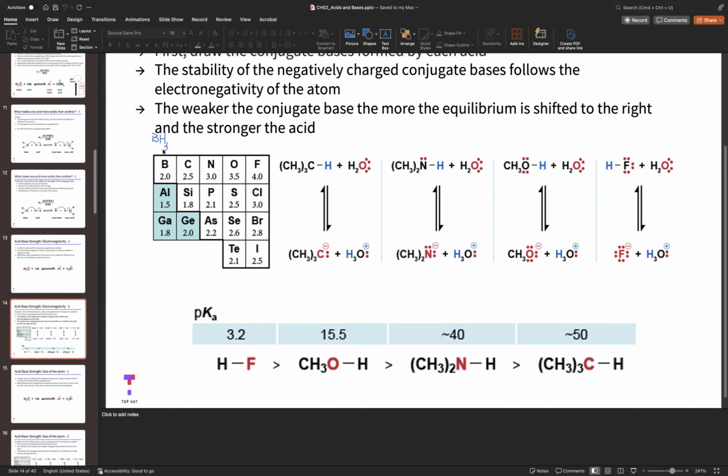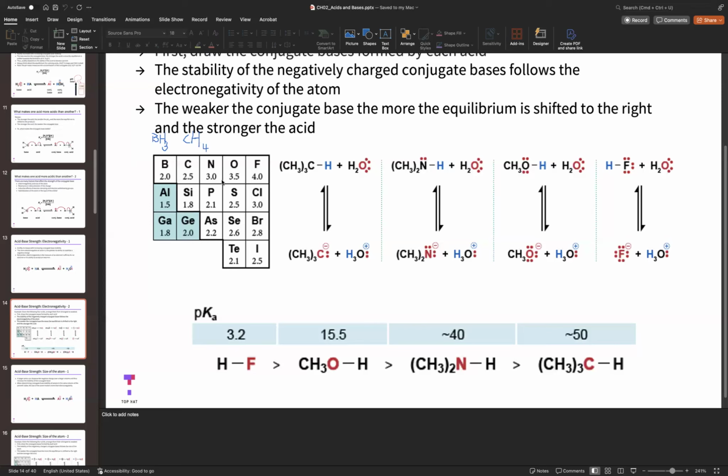What kind of a compound does carbon make? Carbon makes, now if I just add the hydrogen, CH4, methane. If I was to simply ask you, without giving you pKa values, which of these, if they acted as acids, which normally they do not, but acting as an acid means what?